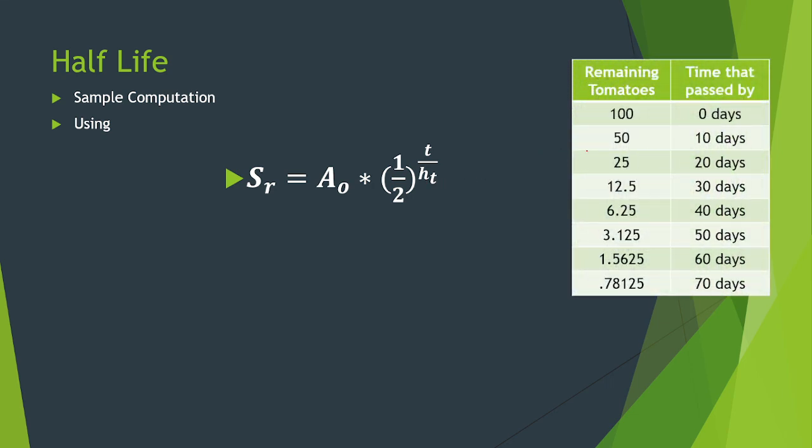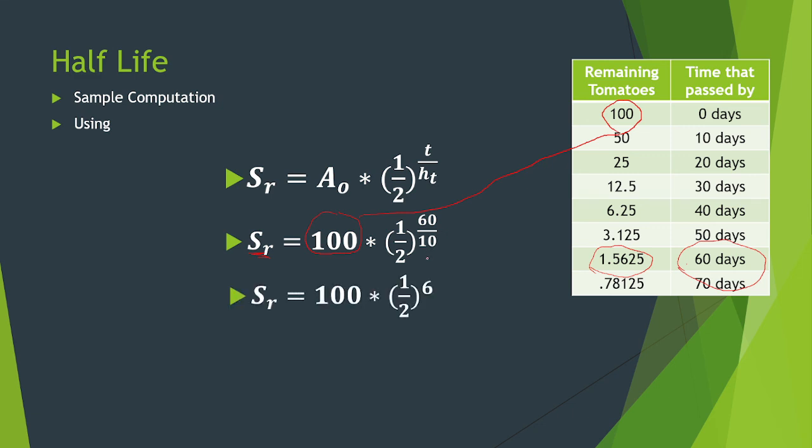So we can use this table and try to compute somewhere right here, 60 days, and see if it will give us 1.5625. We have S sub r, the remaining amount, and A sub o, the original amount. We have 1 half, which is the rate, and 60 over 10, where 60 is the number of days that has passed by and 10 is the half-life.